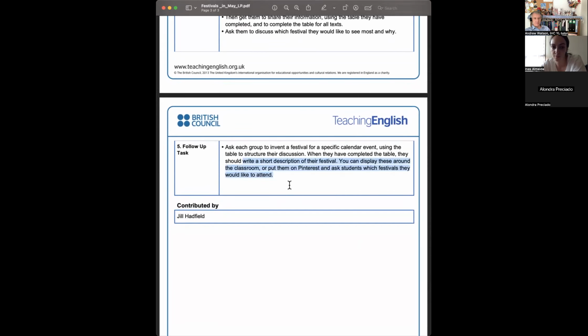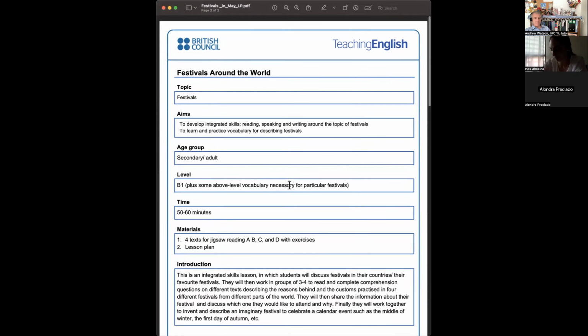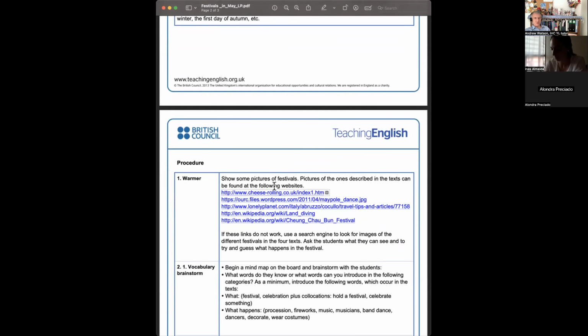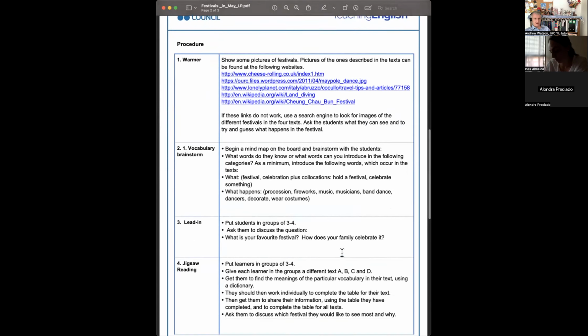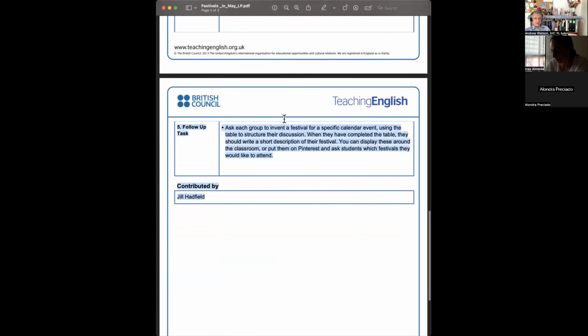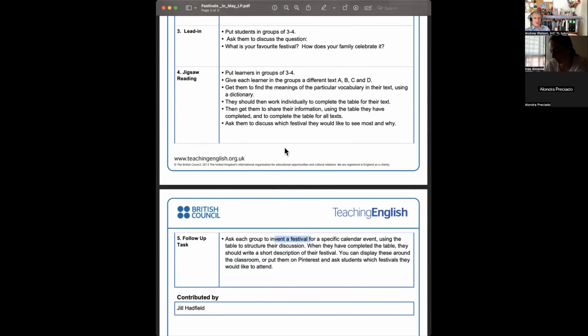Earlier on, perhaps you could show some pictures of festivals they might be more familiar with, like Day of the Dead in Mexico, or Guelaguetza. Something that they can research. But the outcome or aim is to invent a festival. Okay, thank you. Yeah, and then make a presentation on it.